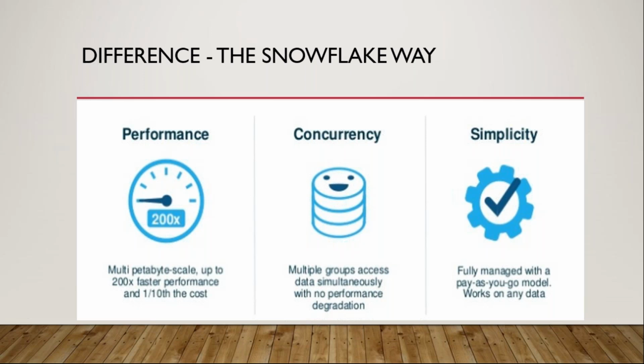Since you have compute and storage units separated, you don't have to pay for anything which is interdependent. Storage is not dependent on compute. Storage cost is different, compute cost is different. Since that is the case and it is relatively faster, you can load n number of petabytes of data in very less time, I would say.